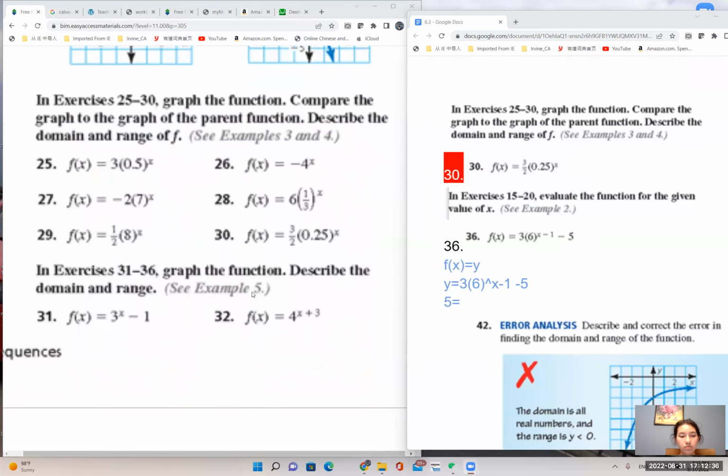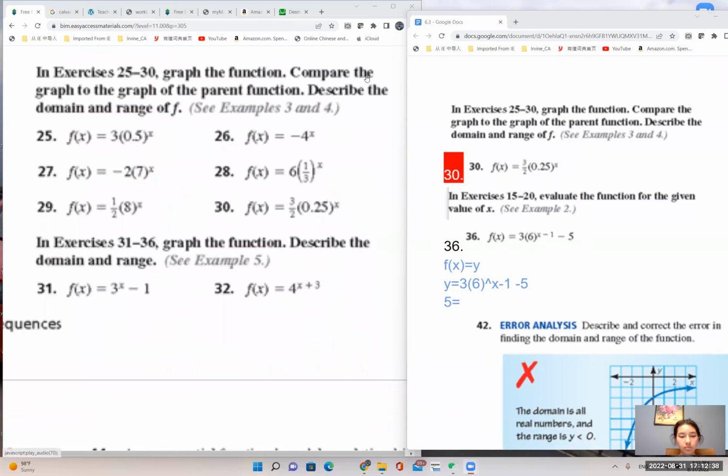Let me say, graph. Compare the graph to the graph of the parent function. Describe the domain and range. So 30.